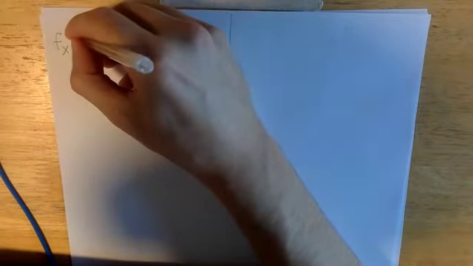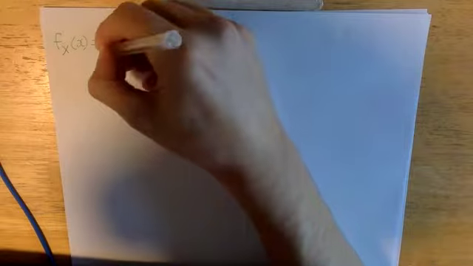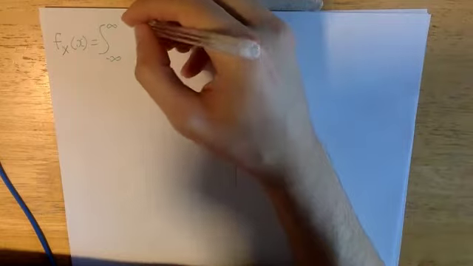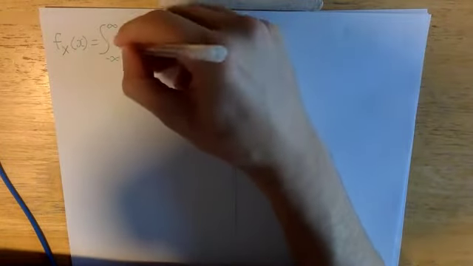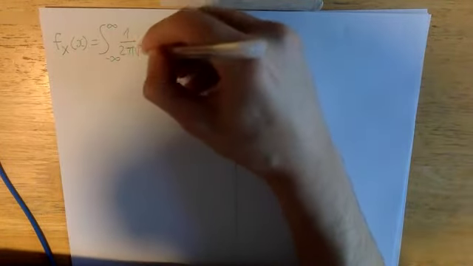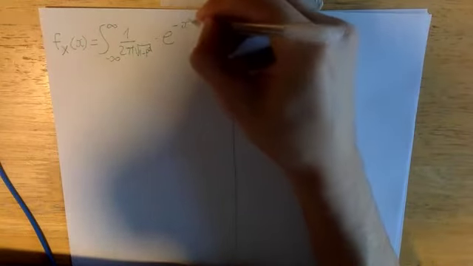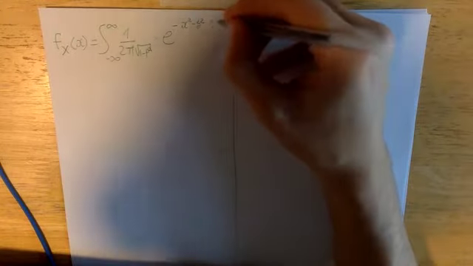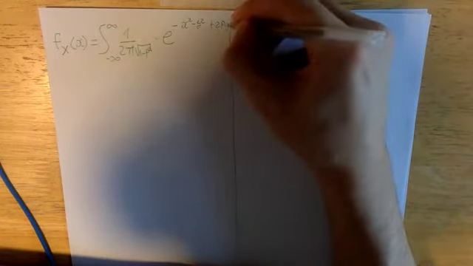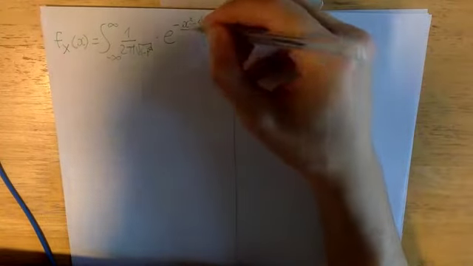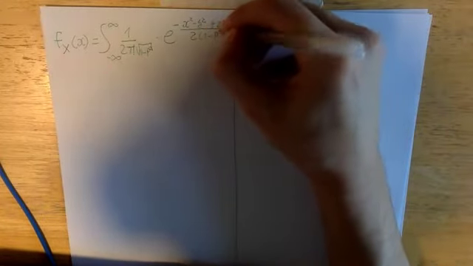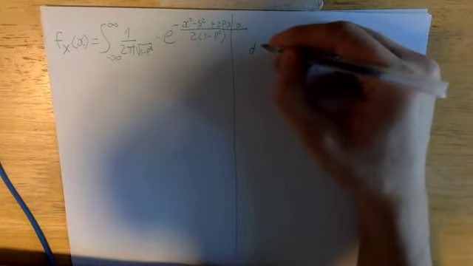In this case, the density function for X at x is equal to the integral from minus infinity to infinity of 1 over 2 pi square root of 1 minus p squared times e to the minus (x squared minus 2p x y plus y squared) over 2 times (1 minus p squared), dy.